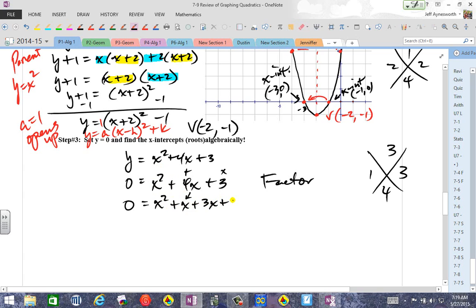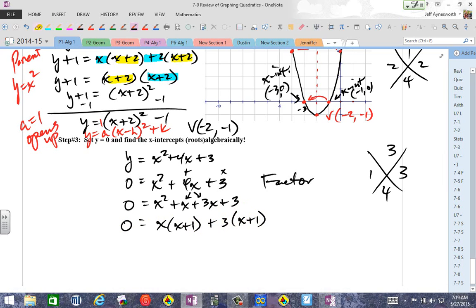Notice that 1x plus 3x is 4x, so split the middle term. Do a little factor by grouping here. Factor out the 3. So notice that the common binomial in this case is x plus 1, so factor it out. Multiply it by the remaining terms, x plus 3.